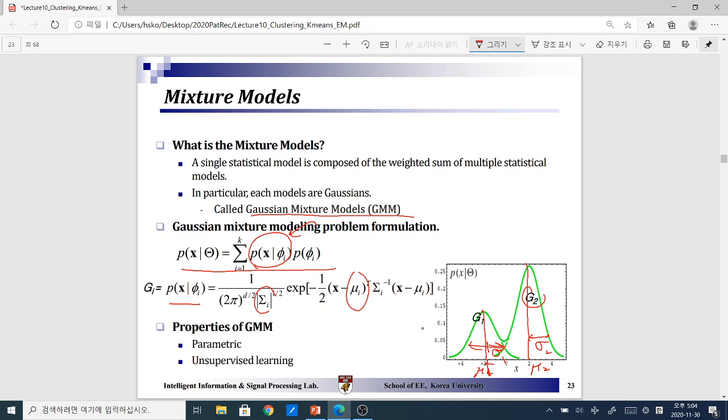So you could define the mixture model for the multimodal Gaussian situation as a sum of the combination of each of these unimodal Gaussians, where each unimodal Gaussian is represented by two corresponding parameters: in this case, mu as well as covariance.